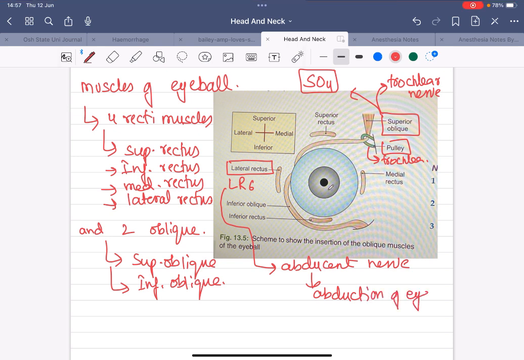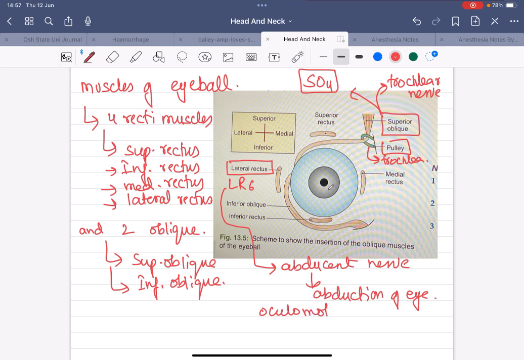Abducens, and all the other muscles of the eye, superior rectus, inferior rectus, inferior oblique, medial rectus, are innervated by what? Oculomotor nerve.